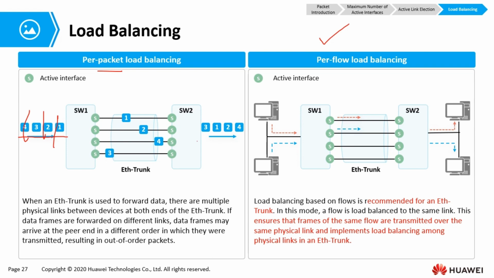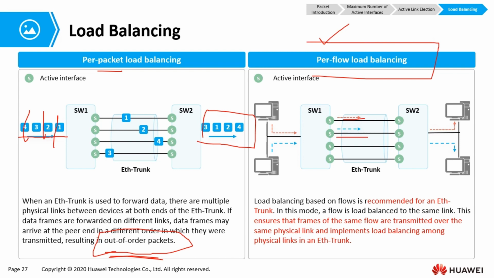Later on, you will have a problem reassembling them, resulting in out-of-order packets. But with flow balancing, all the frames of the same flow are transmitted over the same physical link. This will not cause out-of-order packets when you reassemble the data. That's why we more recommend using per-flow load balancing compared to per-packet load balancing.